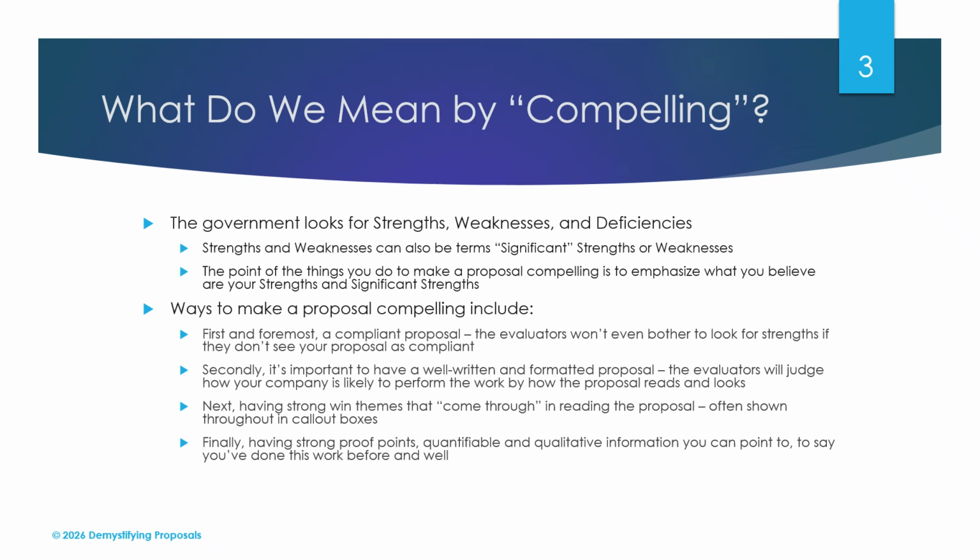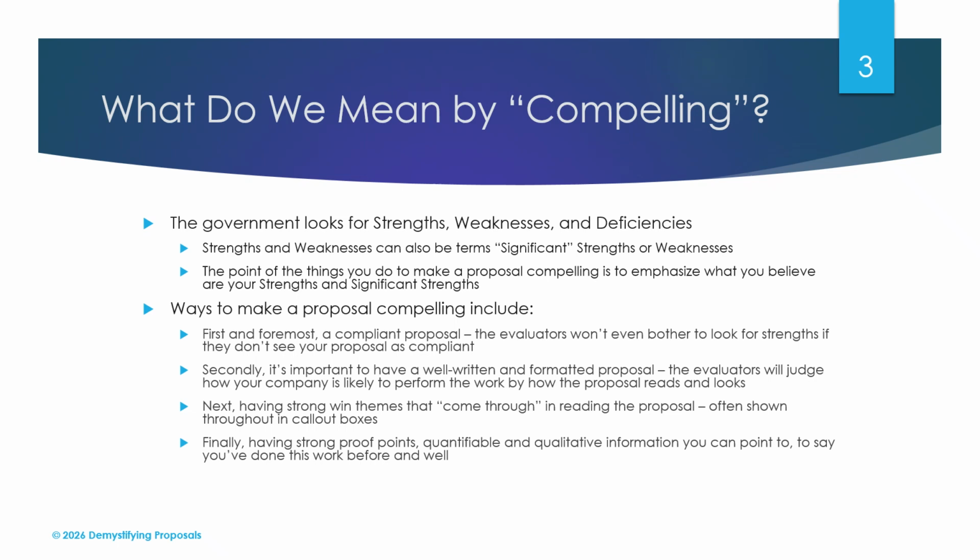Next, having strong win themes that come through in reading the proposal, often shown throughout the proposal in call-out boxes. And finally, having strong proof points, quantifiable and qualitative information you can point to say you've done this work before and well.